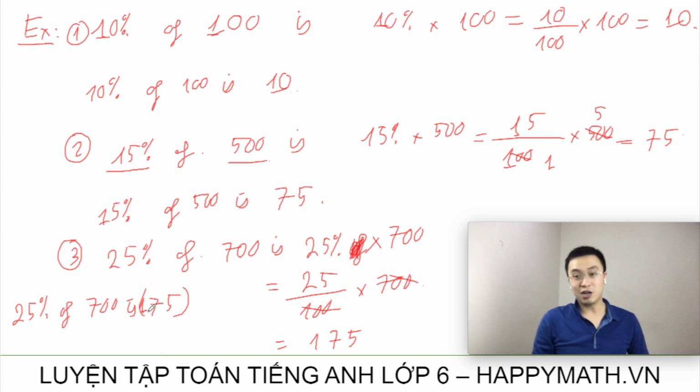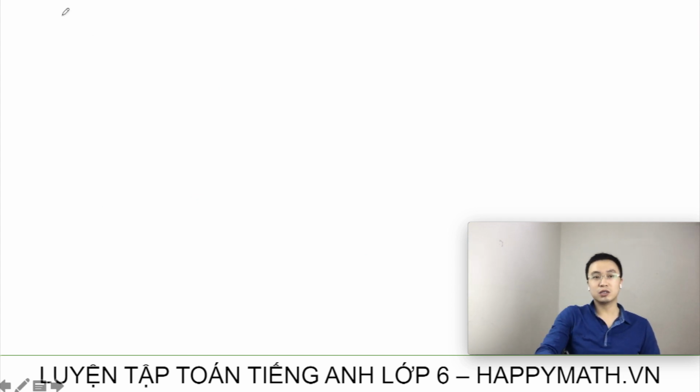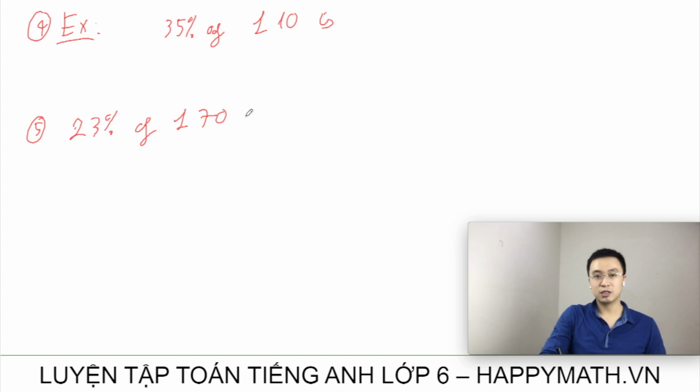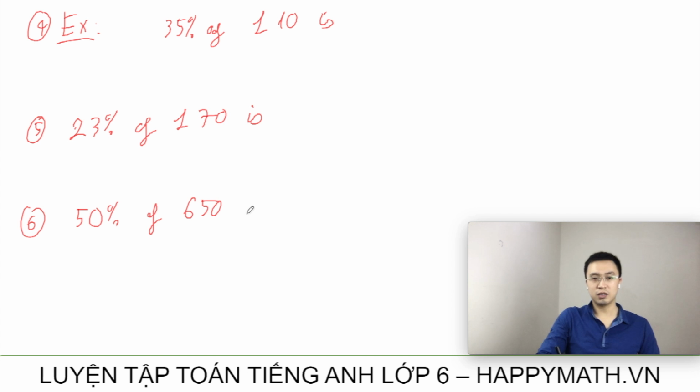Okay, so a little bit more practice about this kind of exercise, right? We got exercise 4, and of course in this one you can work by yourself. I give you 35% of 110, and exercise 5 I give you 23% of 170, and question 6 I give you 50% of 650.